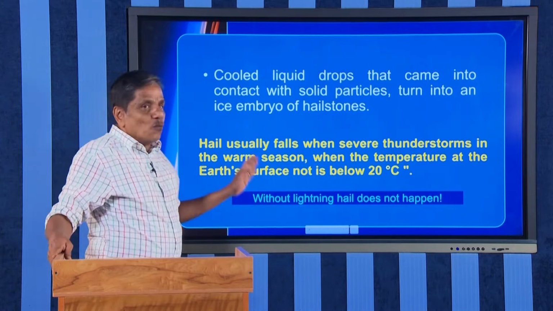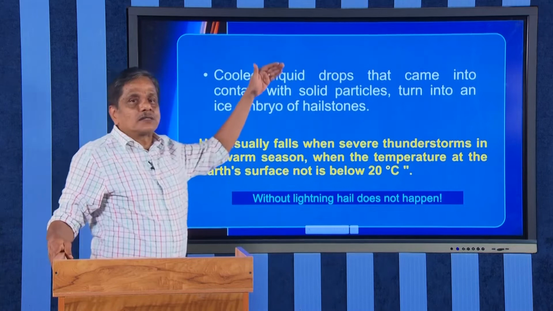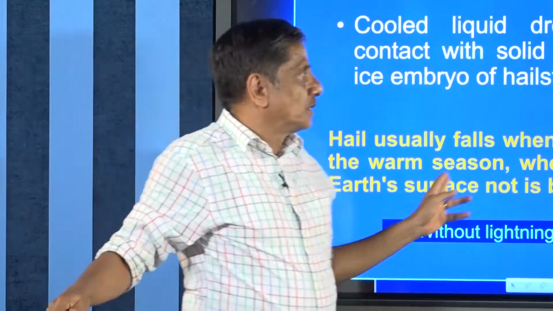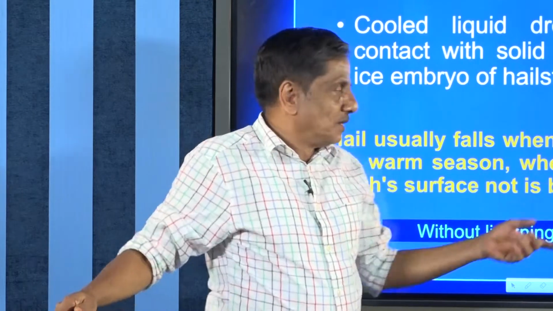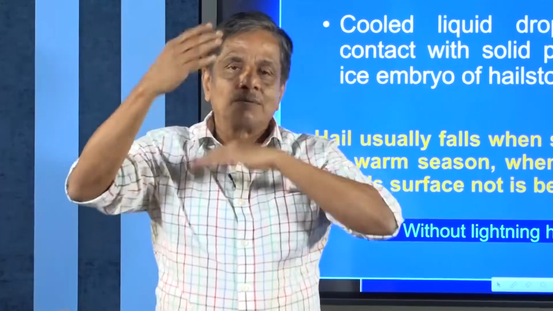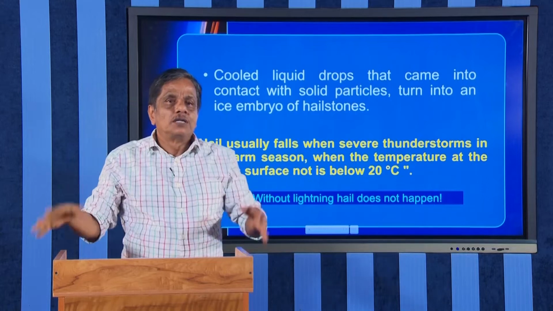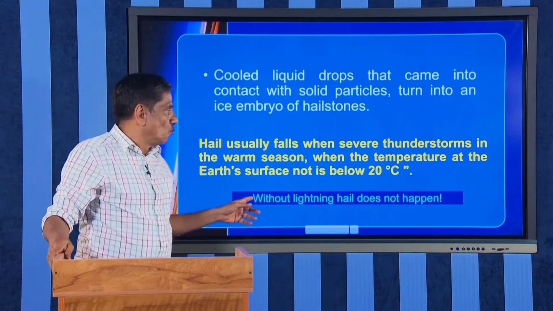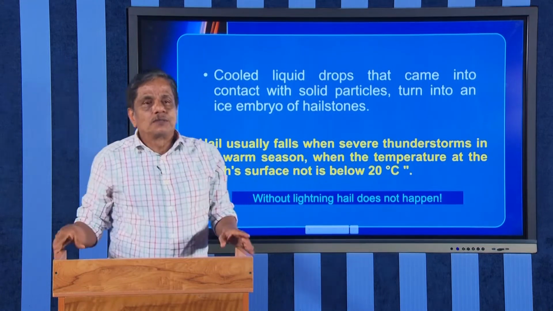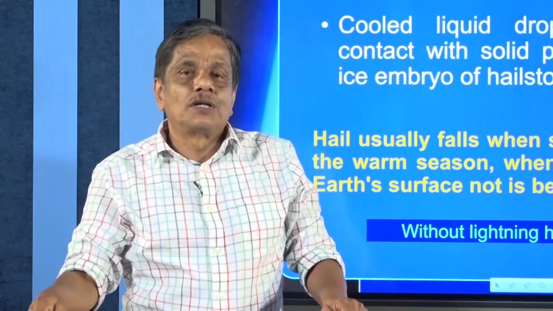Now, when this cloud breaks by some means, these ice crystals will fall down, which is known as a hailstorm. When the cloud breaks, the ice crystals will move very fast inside the cloud, and the movement of these ice crystals produces friction by which lightning is produced.